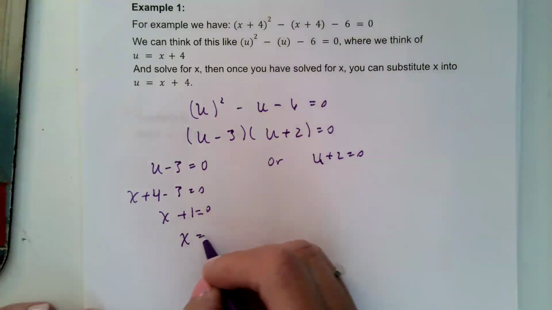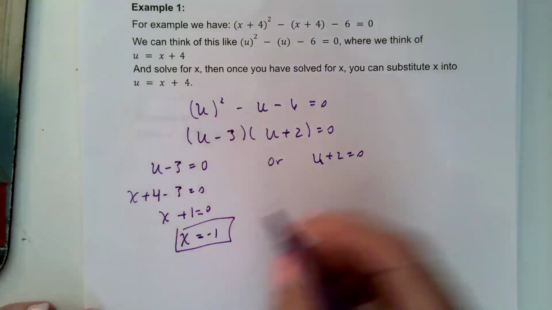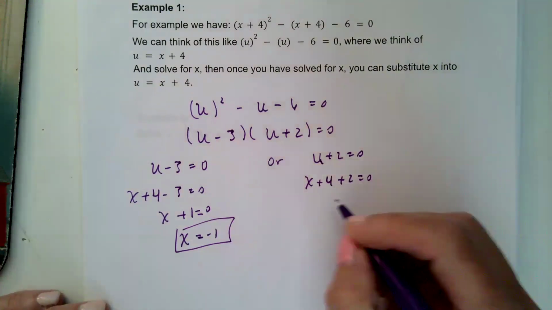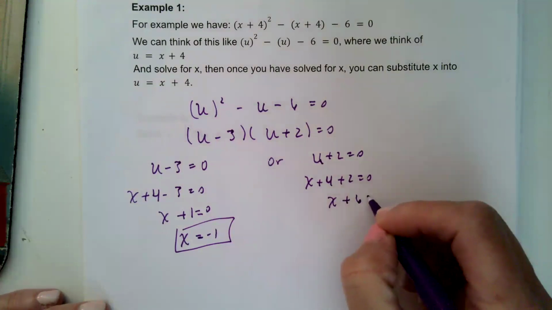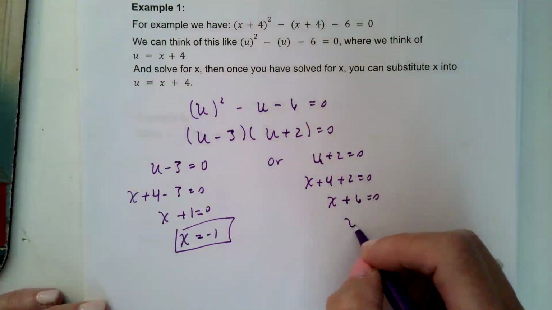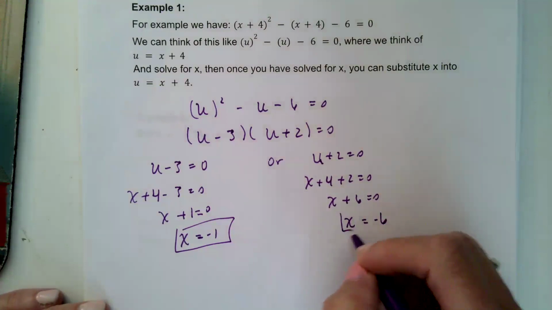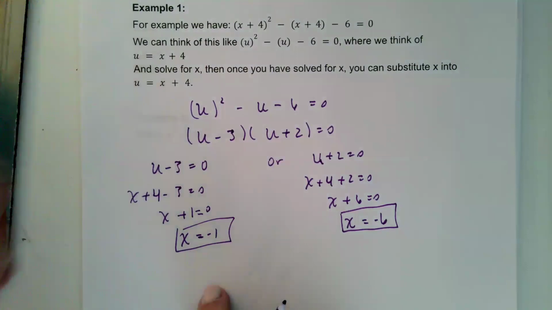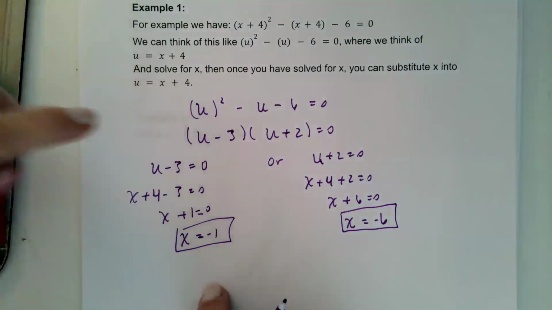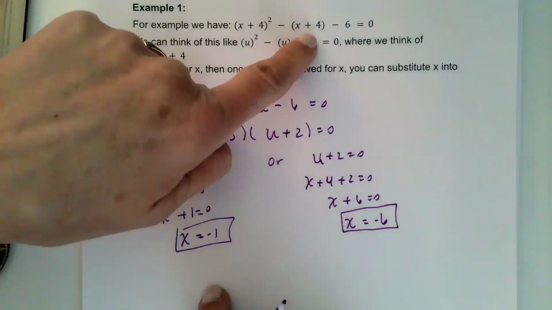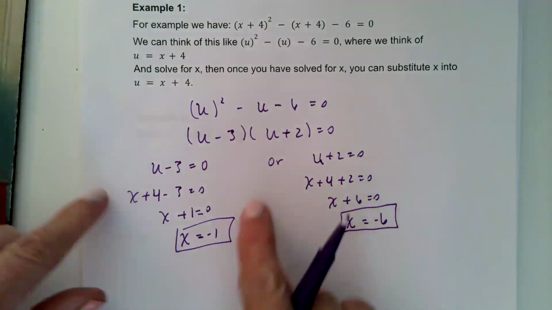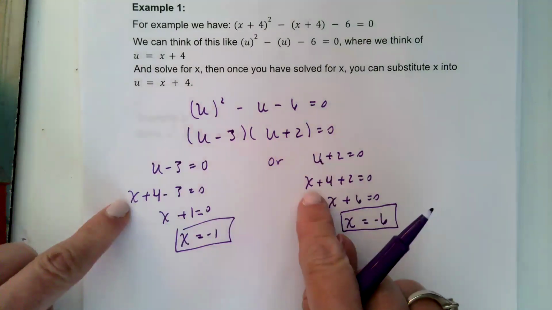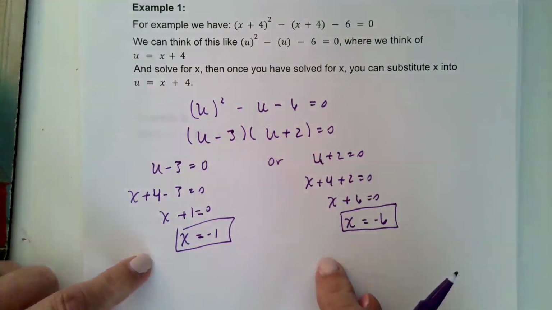So x could equal negative 1, or over here, if we put x plus 4 in, we get x plus 6 equals 0, and subtracting 6 on both sides, we get x equals negative 6. So it's nice sometimes when we can substitute u or another letter for the expression that's inside the parentheses. That way it makes solving easier because we can factor quickly and then substitute our expression back in for u.